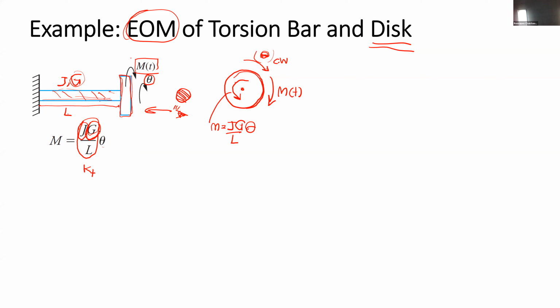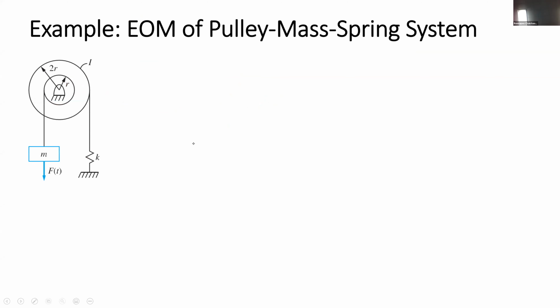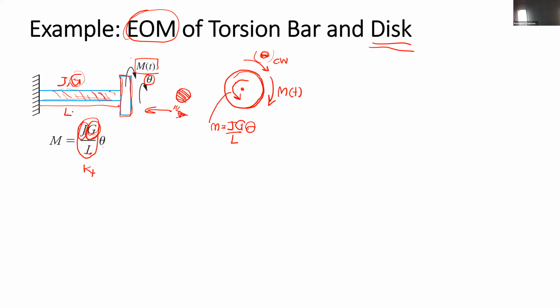I want you to imagine one thing. If the cross section of the bar and material property are the same, do you think the short bar or the long bar will have a higher stiffness?